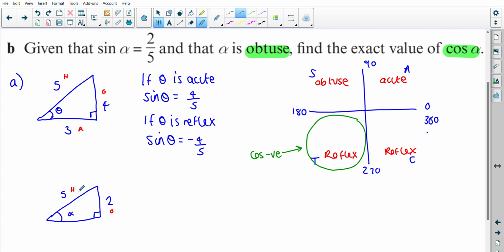Now this isn't a Pythagorean triple, so I'm going to have to find the adjacent side through Pythagoras. So I could say a squared equals 5 squared minus 2 squared. That's going to be 25 minus 4, which is 21. So a is the square root of 21. Put that on the diagram there.